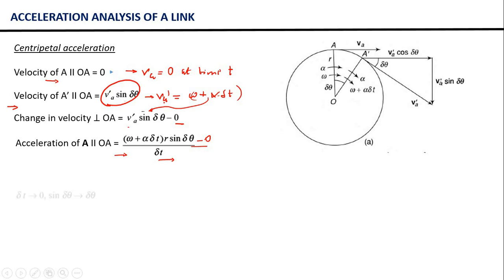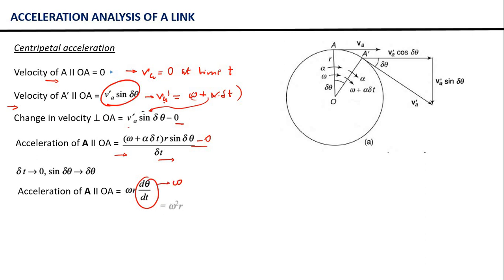Now as we take the limit delta t tends to 0, sine delta theta will tend to delta theta, and finally we will have the acceleration of A in a direction parallel to OA as omega r d theta by dt, and this is the angular velocity component, so this will become omega square r. Now finally the centripetal acceleration component would be calculated as omega square r or v square by r.